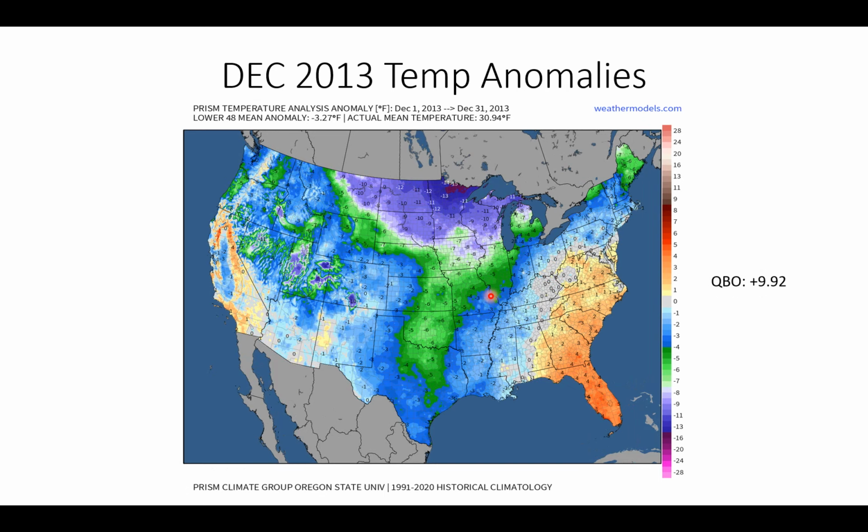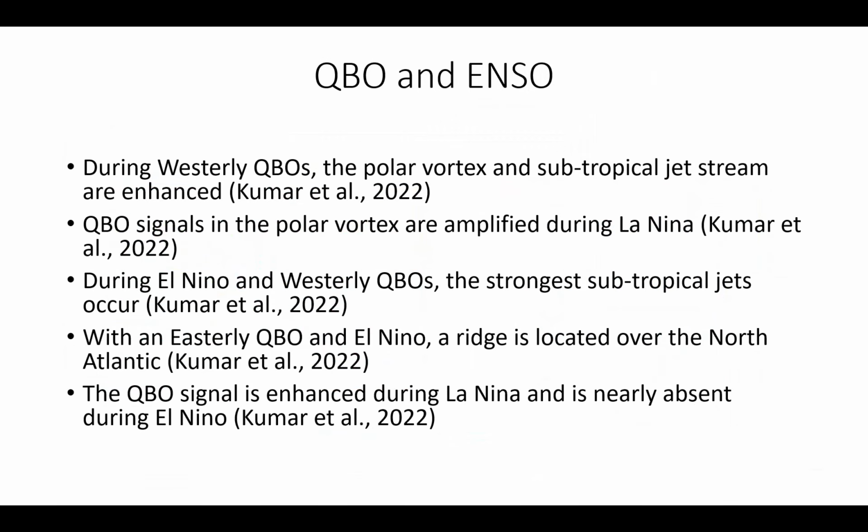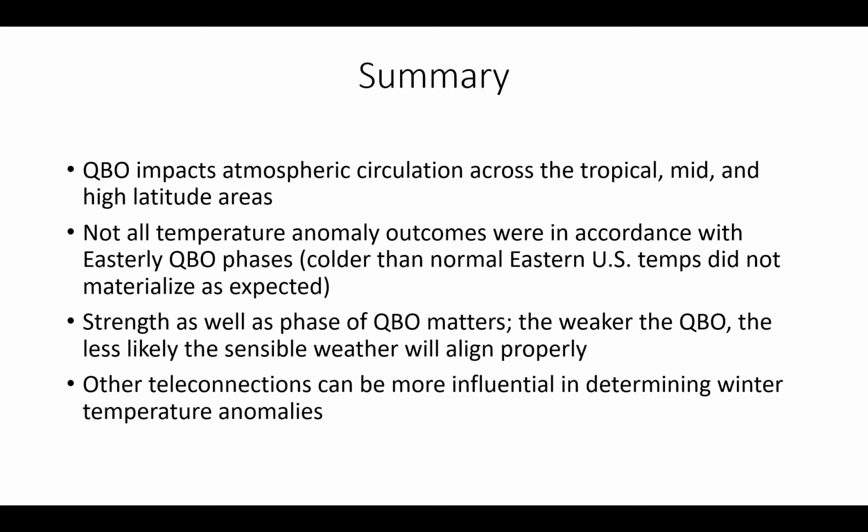There were some cases where I looked at some monthly temperature anomalies during the winter season, December, January, and February, with these QBO values here. And for example, the positive values should correlate with milder temperatures in the east. They did not. So there were some cases that I did not present that definitely have some opposite effects of what you'd expect, in particular, I was looking at the easterly QBO phase.